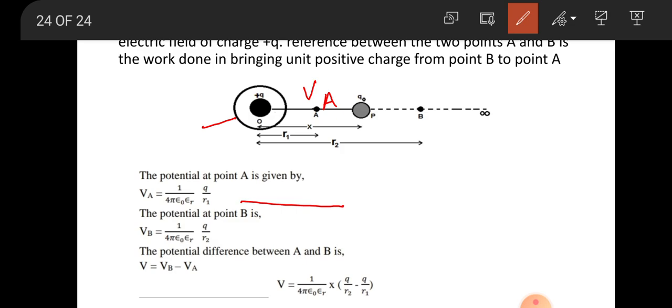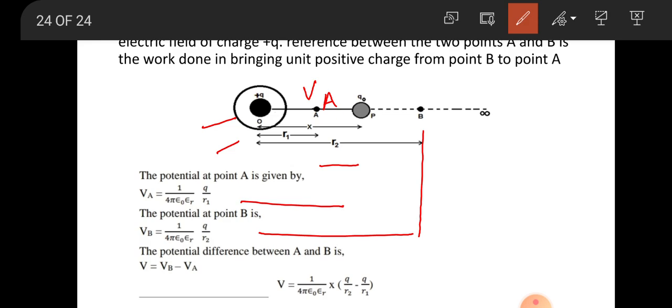And the potential at point B is VB equal to 1 upon 4 pi epsilon naught epsilon r, Q upon r2, because the distance between B and this plus Q charge is r2. And we have to find the potential difference between the points A and B.